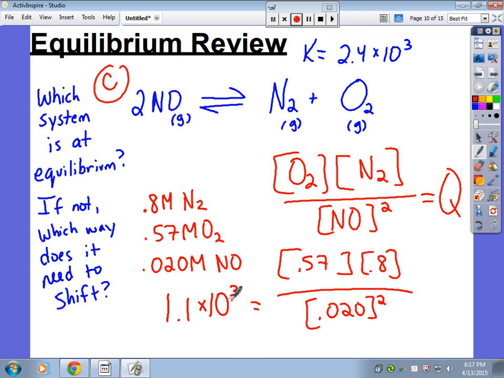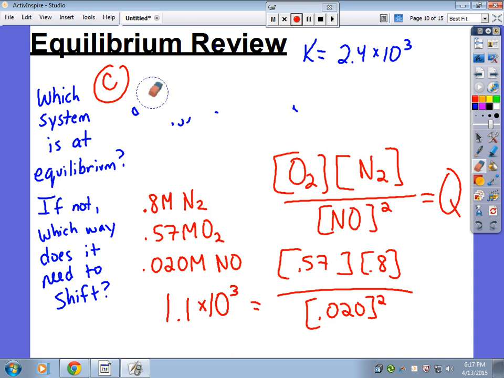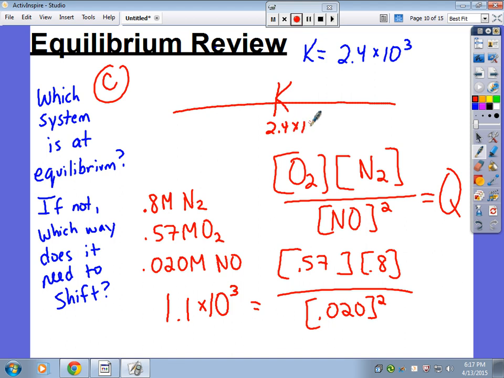Well, where is that in relationship to K? In relationship to our equilibrium constant, if we were to draw a little letter line, here's my value for K. What's my value for K? 2.4 times 10 to the third. What's my value for Q? Well, my value for Q lands right here, isn't it? 1.1 times 10 to the third.